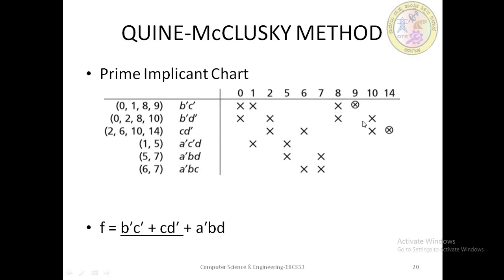Now we need to take this one, even this can be ignored, because this has already been covered somewhere. Here you can see, even this can be ignored because these two combinations are already present, and even this can be ignored.